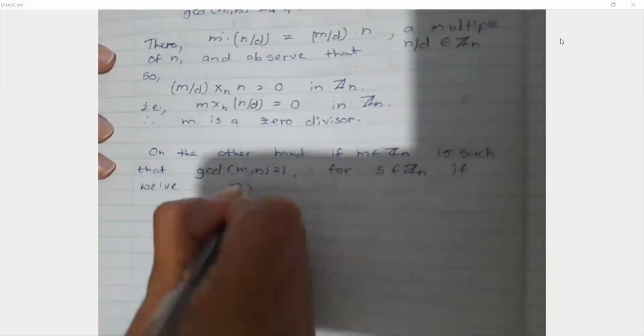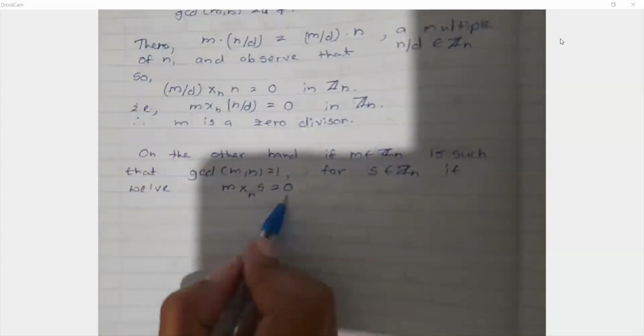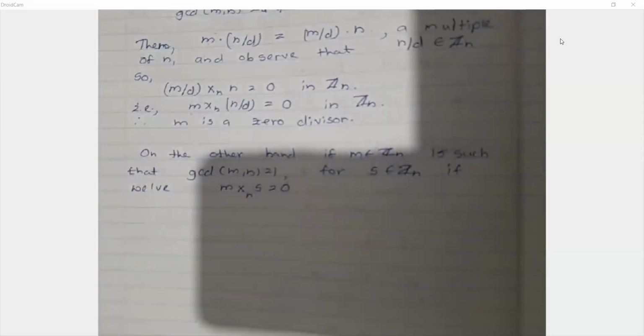For s in Zn, if we have m multiplication modulo n times s equal to 0, now you're taking m, an element in this set which is relatively prime to n, and for any other element in the group you have the product to be 0, then we must have n divide the product ms.